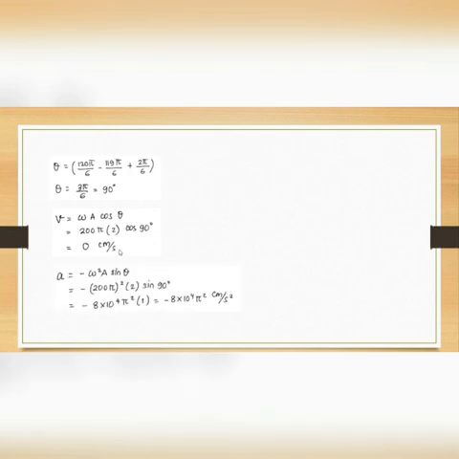And the oscillation acceleration is minus omega squared a times the sine of theta, and that will be minus 200 pi squared, that will be 4 times 10 to the 4 pi squared, multiplied by 2. So 8 times 10 to the 4 pi squared, multiplied by the sine of 90 degrees, which is equal to 1. So the acceleration is minus 8 times 10 to the power of 4 pi squared centimeter per second squared.